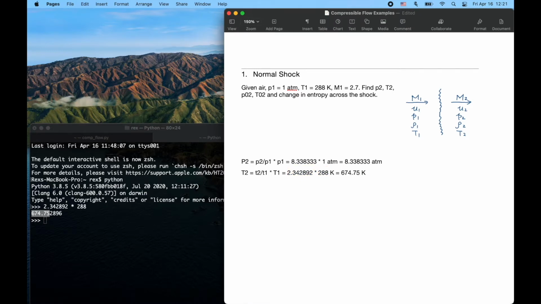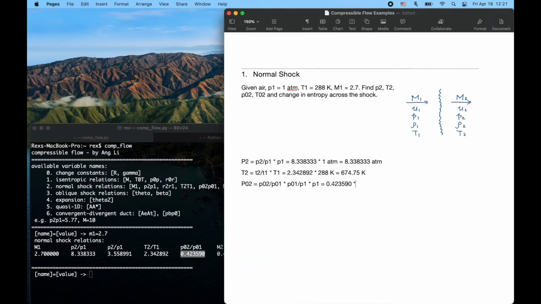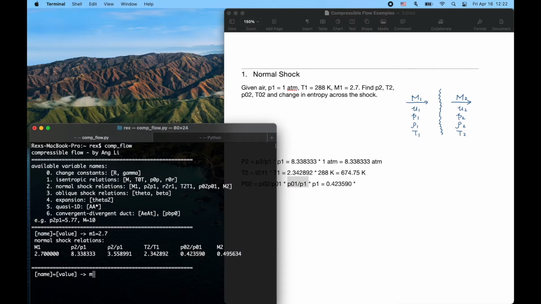Next, total pressure, PO2, equals PO2 over PO1 times PO1 over P1 times P1. PO2 over PO1 is this ratio. PO1 over P1 is the isentropic relation with Mach number equals 2.7.